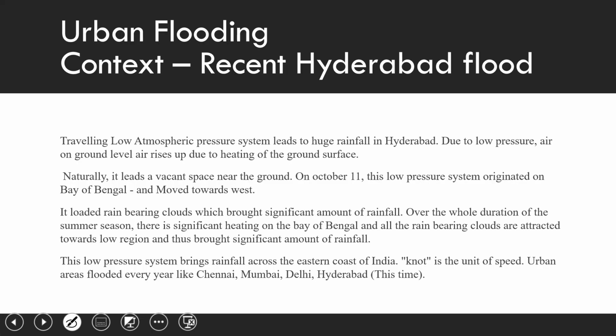It has been taken up recently, like this year Hyderabad was flooded, and that's why I have taken this topic. And next year also you will get some other place, only the name of the place will change, but some area will get flooded. So this is relevant every year. Whenever you are watching this lecture, it is relevant for you.